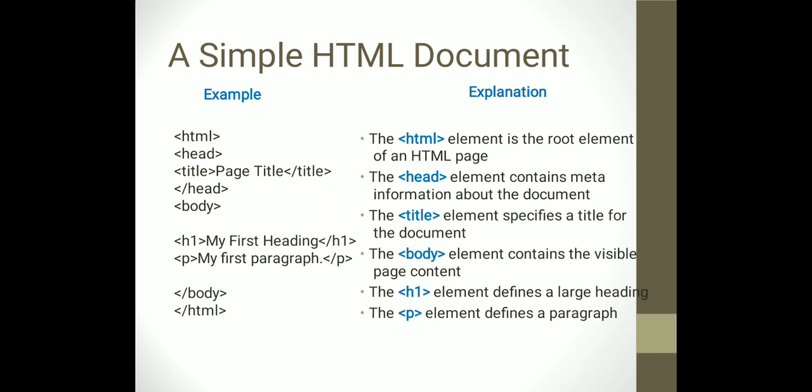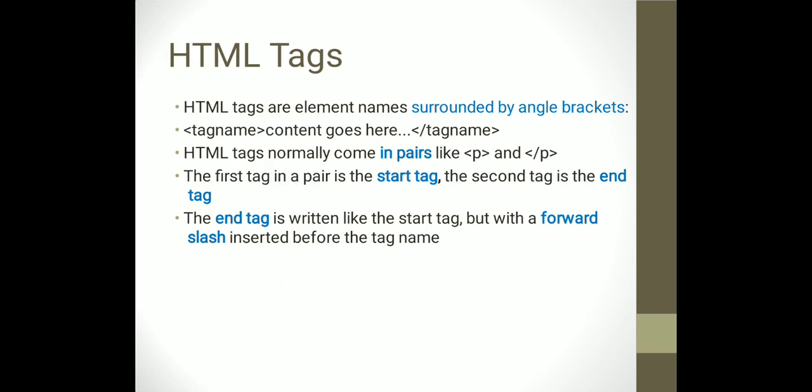Then the title tag holds the title of the document. h1 to h6 are the elements that define heading style. h1 is the largest size of heading and h6 is the smallest. Then the body tag: this element contains the visible page content, and p is used for a paragraph.